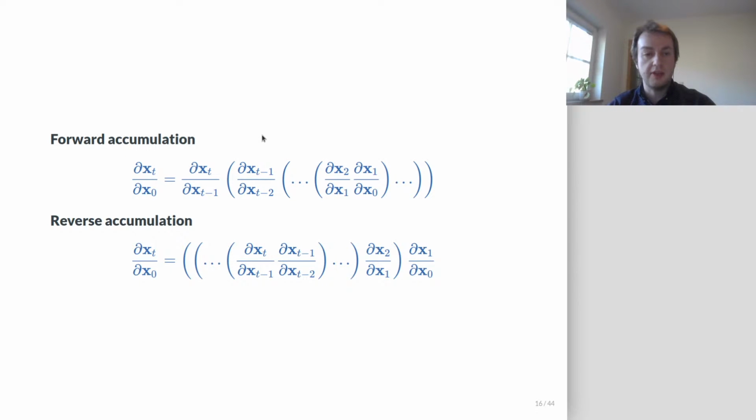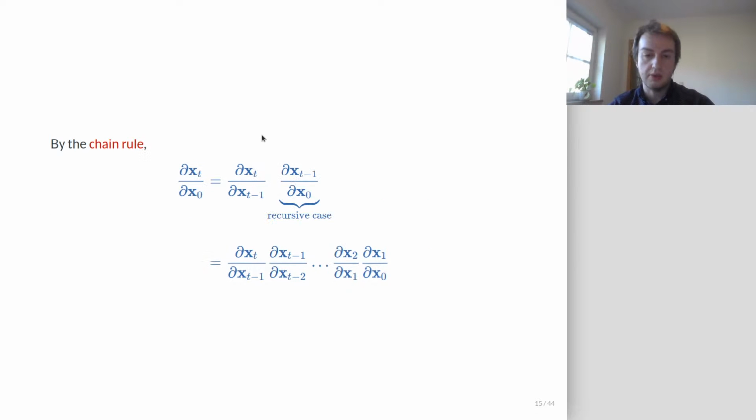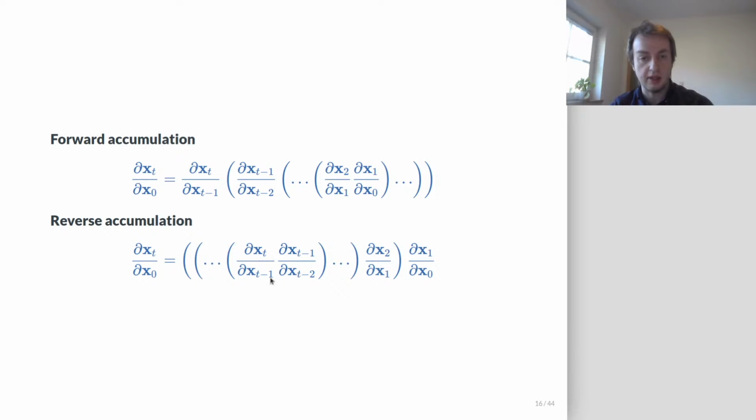Now we want to compute this product, and there are multiple ways to do that. Two of them are given on this slide. You could compute the expression forward, starting with the Jacobians corresponding to the first variable in the composition, then going on from this variable to the output variables and multiplying in this way.